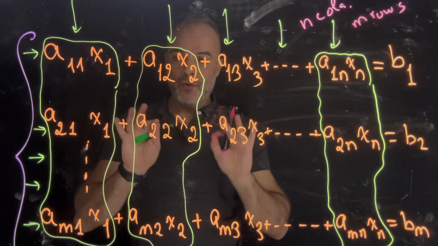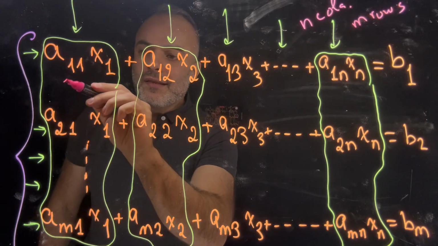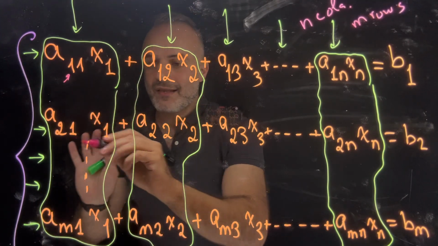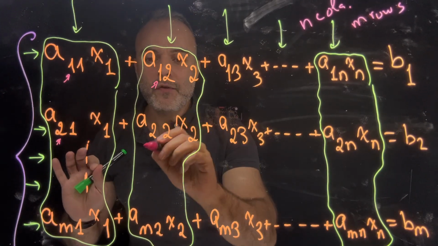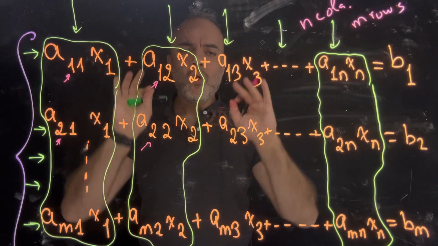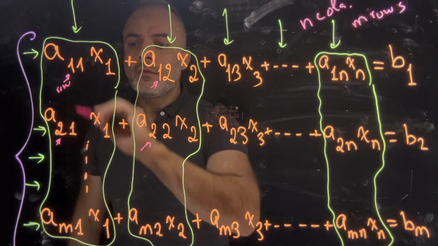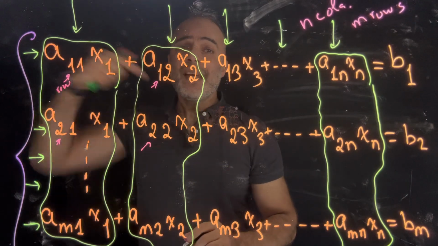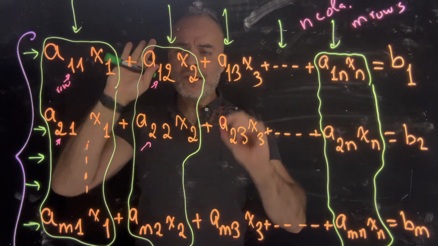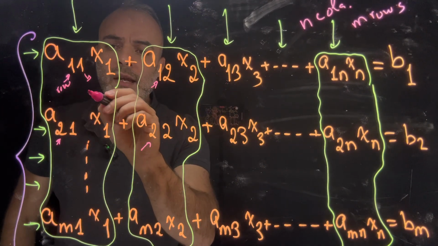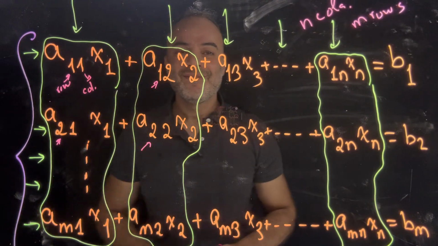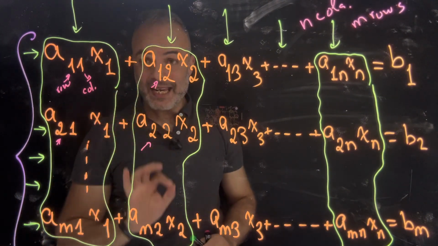Now, the first index in each of these coefficients always corresponds to the number of the row. And the second index will always represent the number of the column. So let's look at it again.